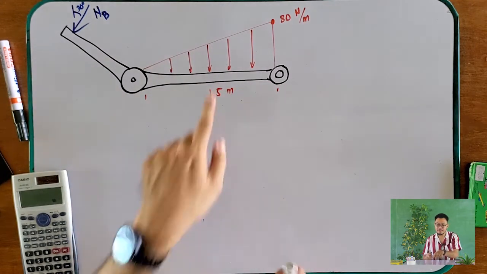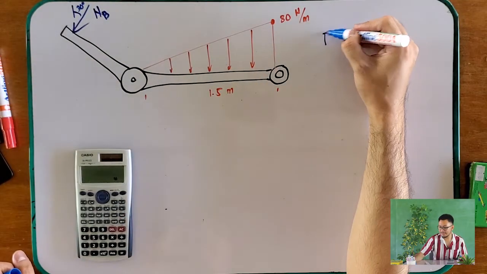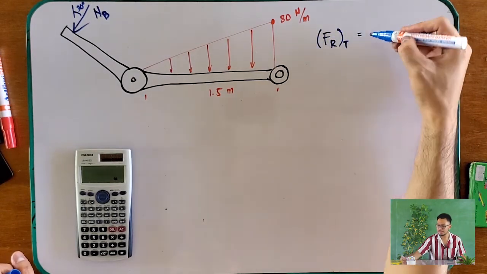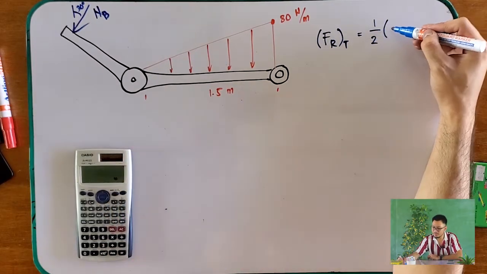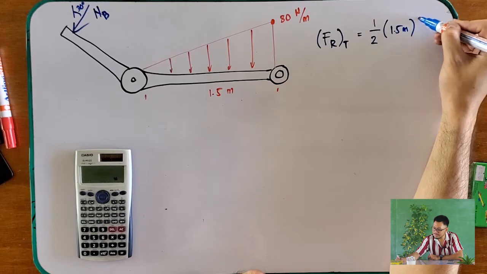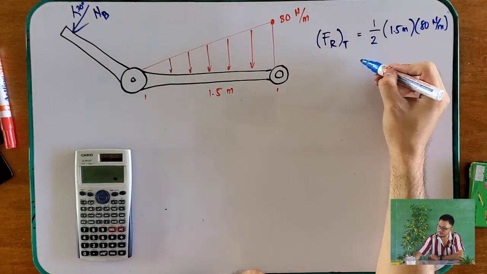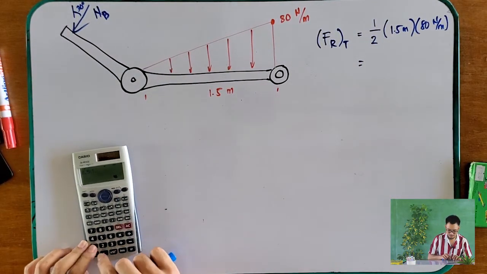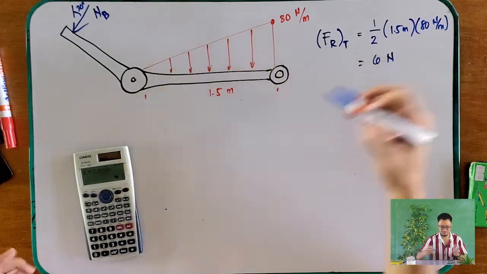So therefore, what is our resultant force? FR equals one-half, because triangle, base 1.5 meters times height of 80 Newton per meter. So your answer here is 0.5 times 1.5 times 8. Your answer here is 6 newtons.